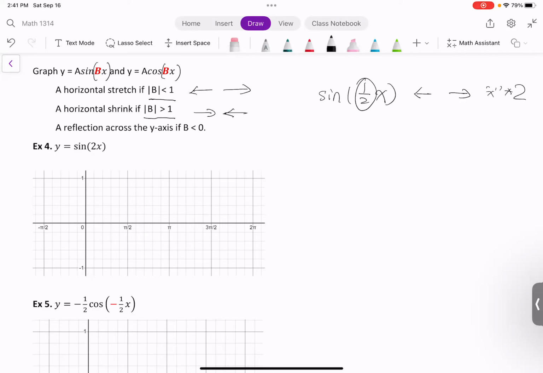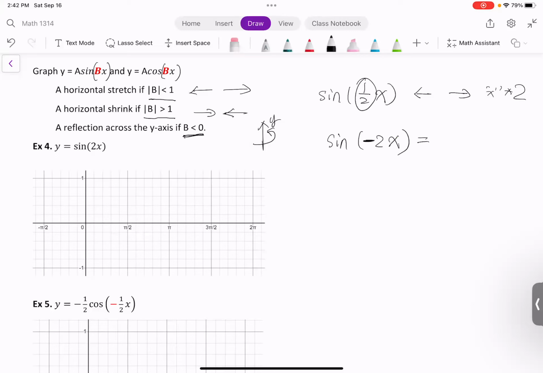If the b is negative, that's a reflection along the y-axis. That's what we have learned in college algebra. But we prefer to get rid of the negative sign in front of the x. For example, if I have negative sine of negative 2x, we do not like to graph something that is a reflection across the y-axis.